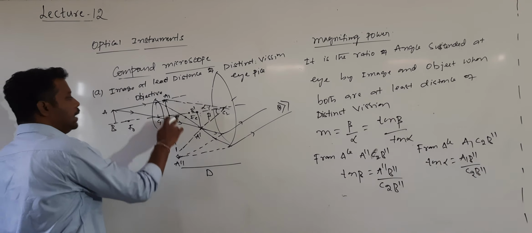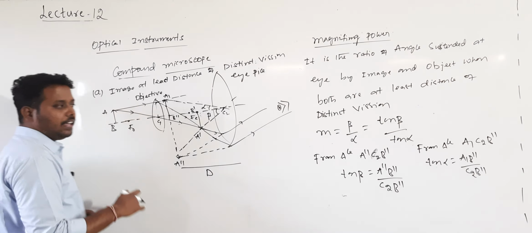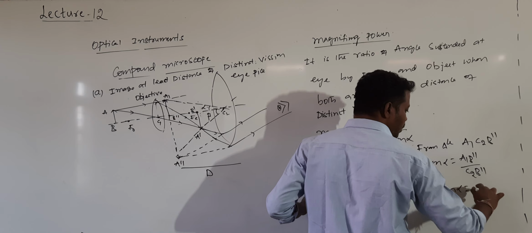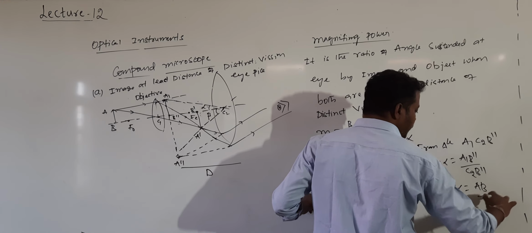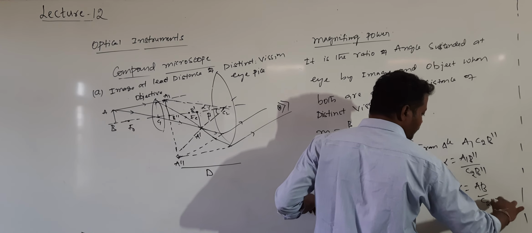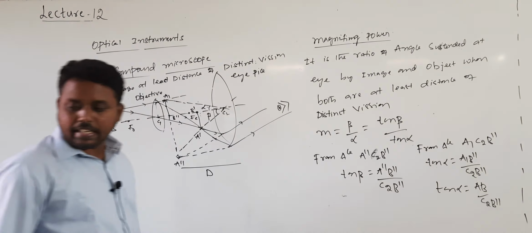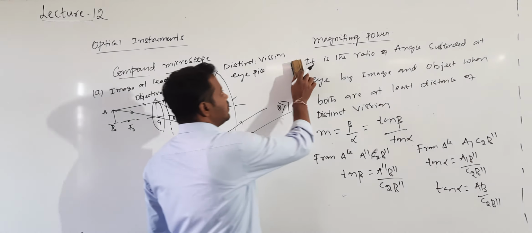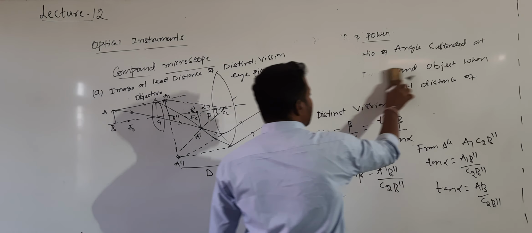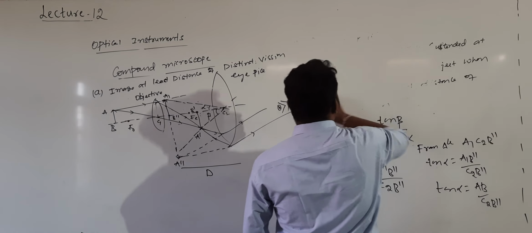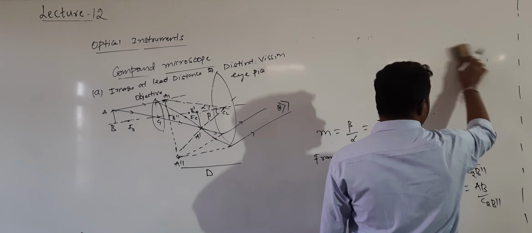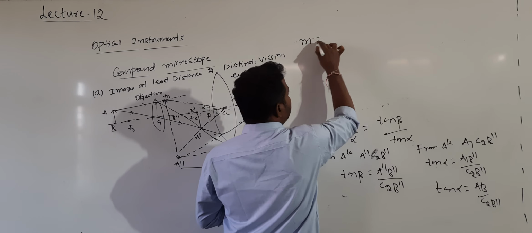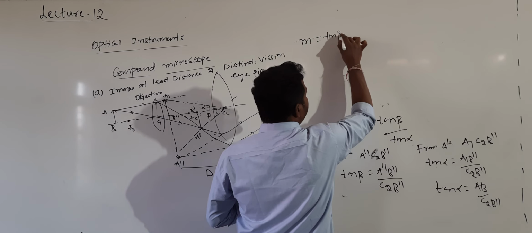But A1 B double dash is exactly equal to AB. So tan alpha is equal to AB divided by C2 B double dash. After calculating tan alpha and tan beta, let me substitute the values. The ray diagram is very important. The remaining continuation part I am writing here. So M is equal to tan beta divided by tan alpha.